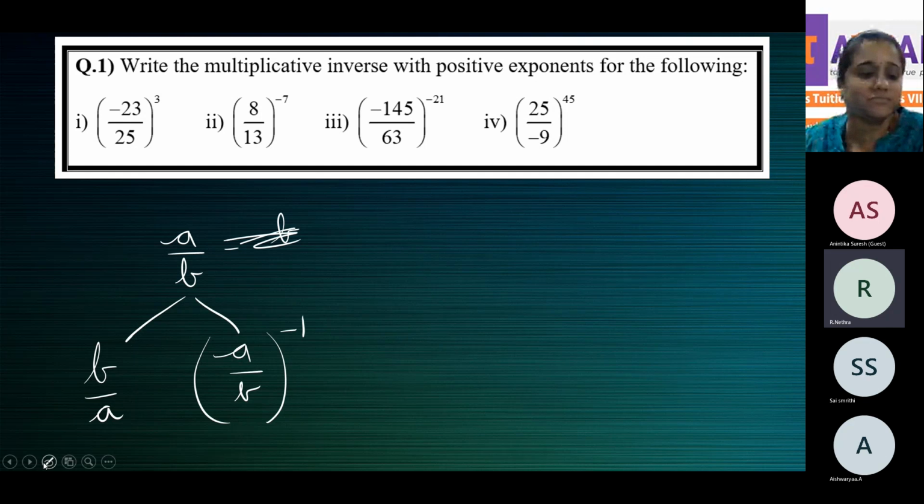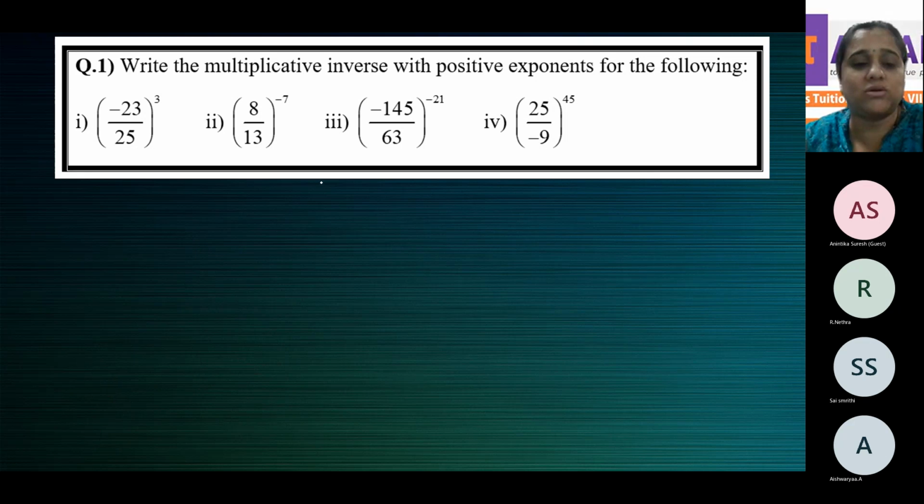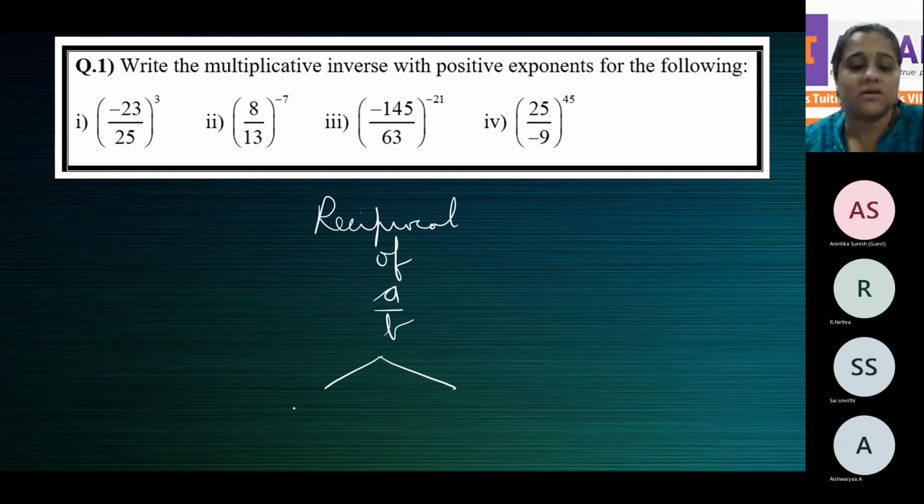Correct? This is reciprocal. Reciprocal of A by B can be written in 2 ways.